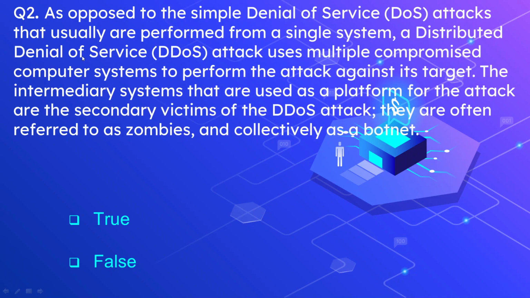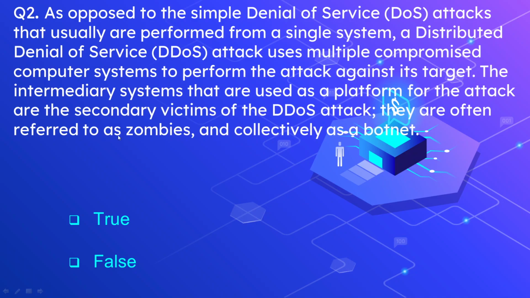Question number 2 is: as opposed to the simple denial of service or DoS attack that usually is performed from a single system, a distributed denial of service attack uses multiple compromised computer systems to perform the attack against its target. The intermediary systems that are used as a platform for the attack are the secondary victims of the DDoS or distributed denial of service attack.